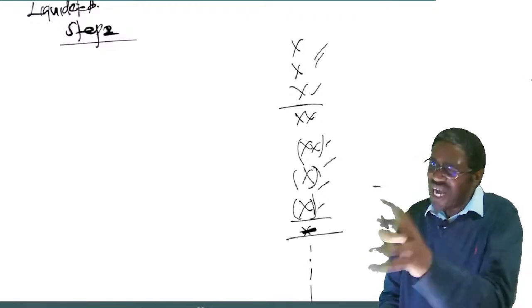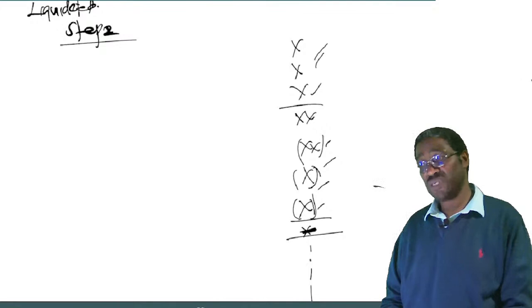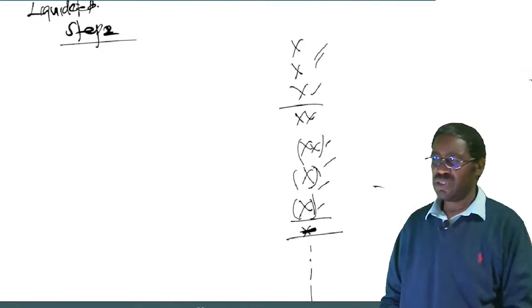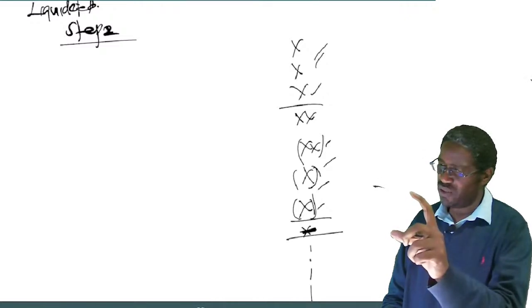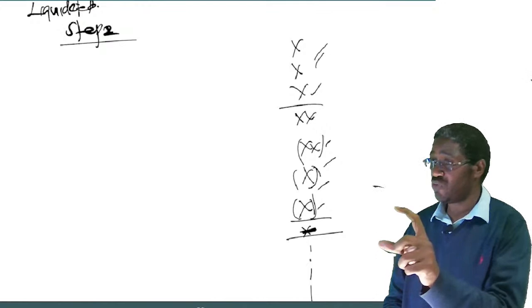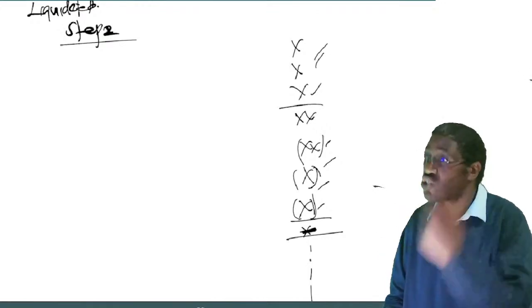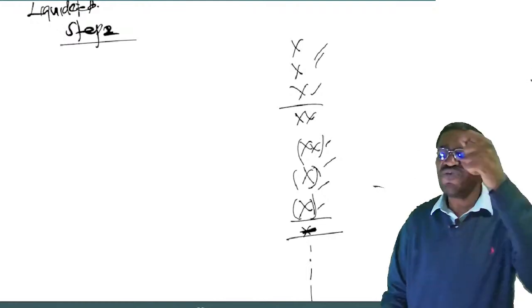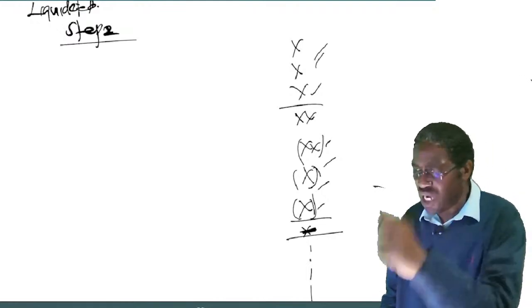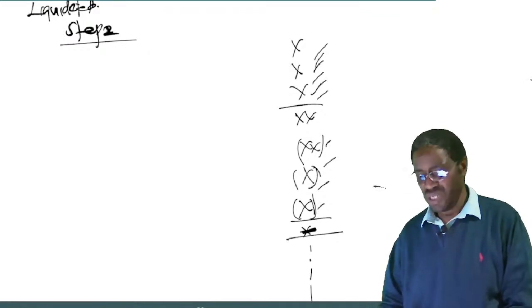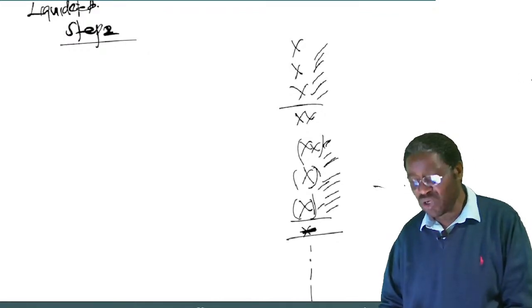So these are the guys you tell them, please accept to suffer that loss of 5 million in the reconstruction of the company. Why? Because even if you go to court and ask for the company to be liquidated, this is how the assets will be sold, and these are the liabilities that will be paid in order of priority.